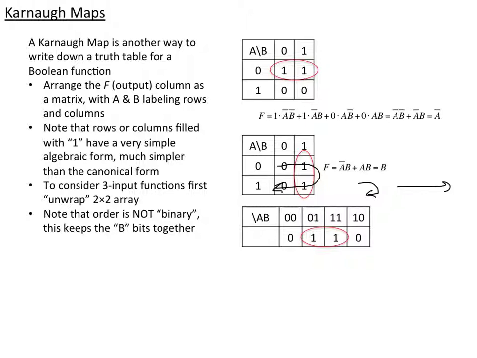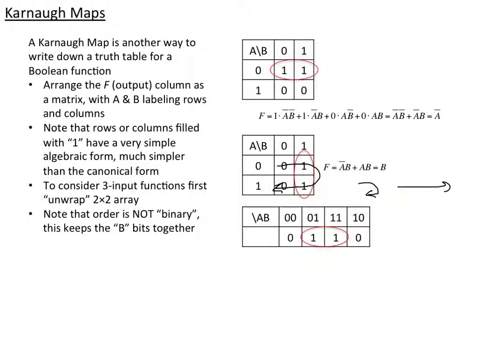But now notice my numbers don't go in binary order. It's 0, 0 for A and B, 0, 1, but then not 1, 0, but 1, 1. I have to keep the B's together, the B's that were on this diagonal. As I unwrap it, it goes 0, 0, 0, 1, 1, 1, 1, 0.